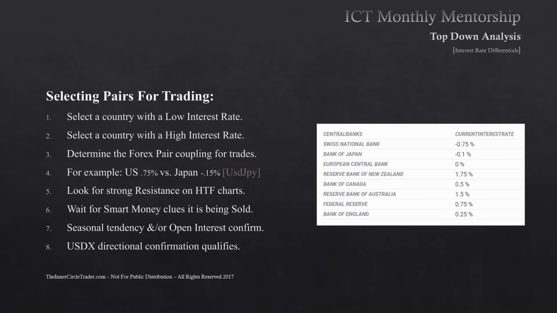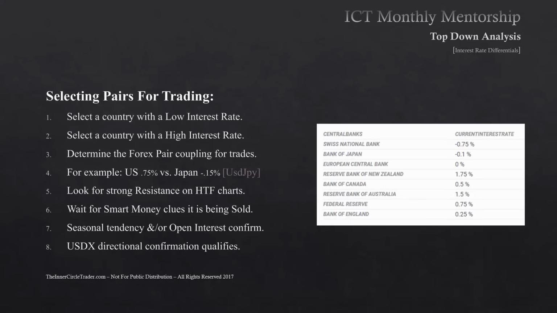So if we have the expectation that the weaker currency is the Japanese yen, on an interest rate basis, against the stronger of the two, the dollar, which has the higher yielding central bank rate, we're going to see that US dollar versus Japanese yen pair go higher because you're buying dollar and selling yen.